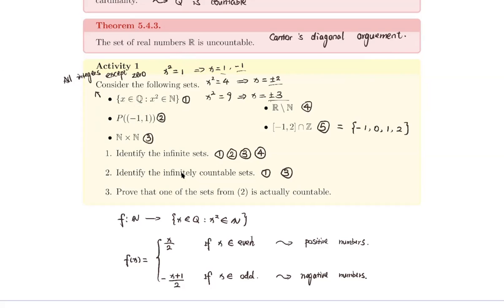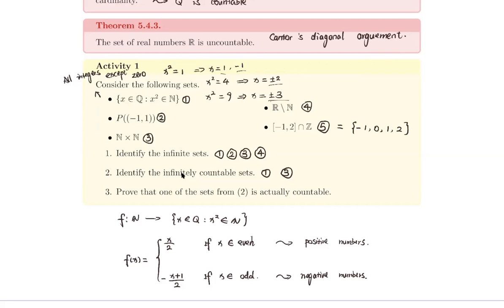So the next one is 4, and you get x equals plus or minus 2. The next one is 9 because from 5 to 8, your x is not a rational number. So you get plus or minus 3 and so on. You can never reach 0 because x squared is a natural number, and 0 is not a natural number. So the result is just all the integers except 0.